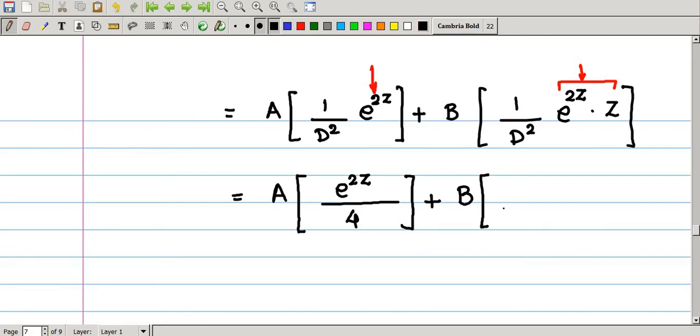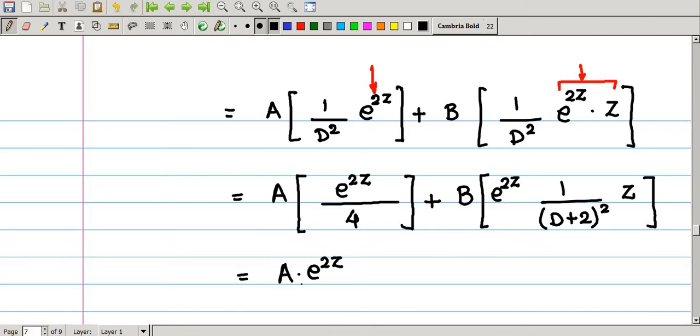So we take that exponential function outside and we replace D by D plus 2 in the auxiliary equation and operate it on z. Fine. So it is equal to a e raised to 2z upon 4 plus b into e raised to 2z.